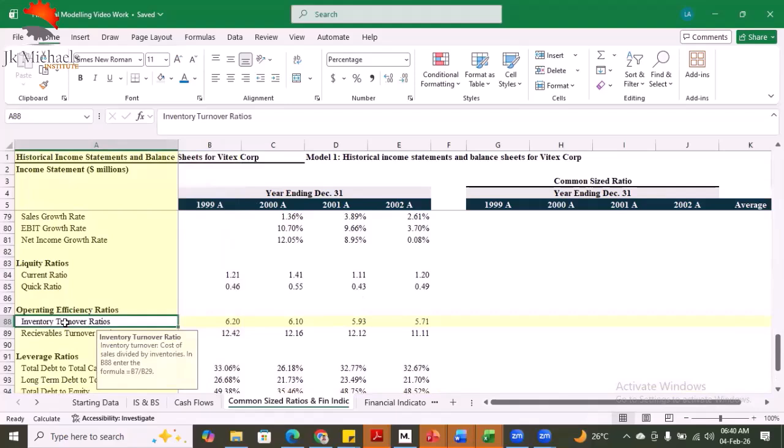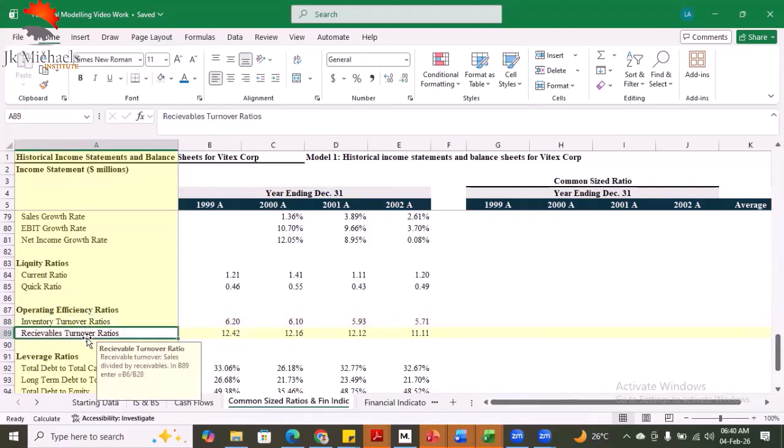And then we have turnover ratios, which is, like I said, the number of times that we can turn over our inventory, where inventory that is received is turned into cost of sales when sold. And the receivables turnover is the number of times we can get back our receivables in a year. So both of them are computed over a year.